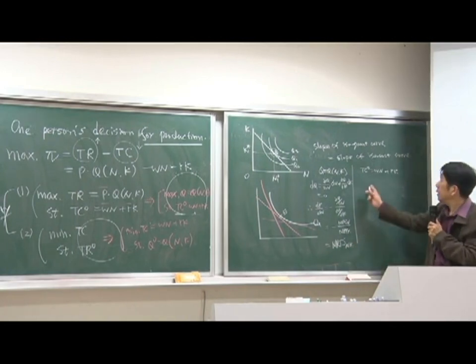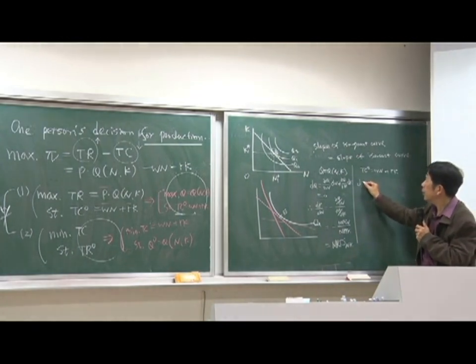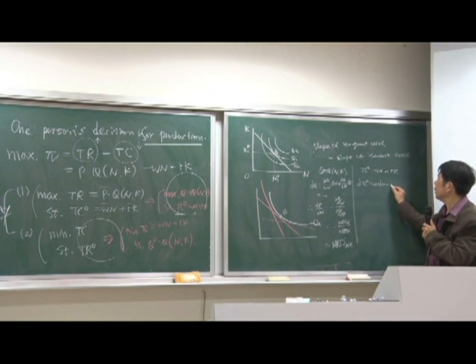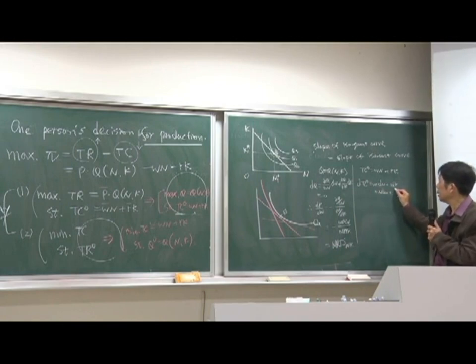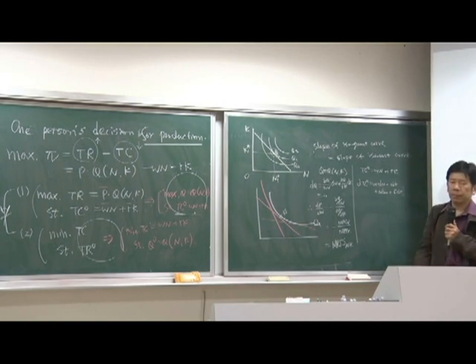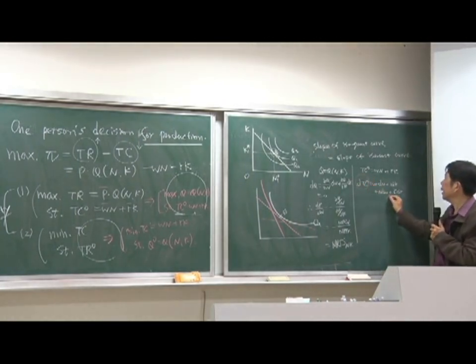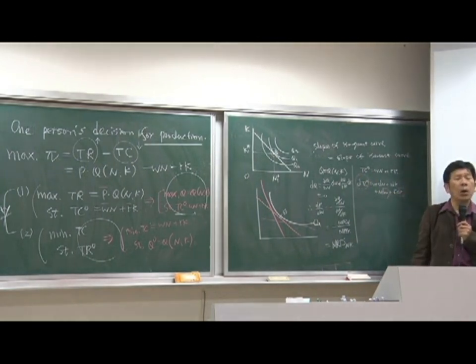Here we can also look at delta TC equals 0, which is W delta N plus R delta K. We can also say delta W and K delta R are the same, because the total cost and the wage and interest rate are all constant, no change.